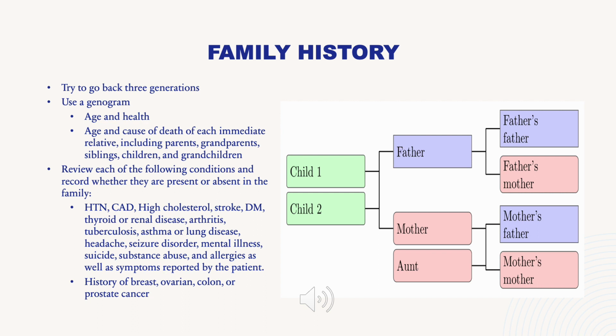Review each of the following conditions and record whether they are present or absent in the family, such as hypertension, coronary artery disease, elevated cholesterol levels, stroke, diabetes, thyroid or renal disease, arthritis, tuberculosis, asthma or lung disease, headache, seizure disorders, mental health, suicide, substance abuse, and allergies, as well as symptoms reported by the patient.